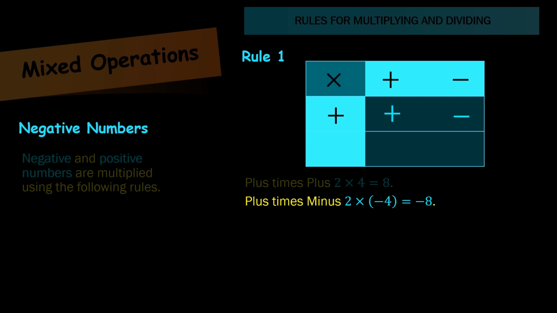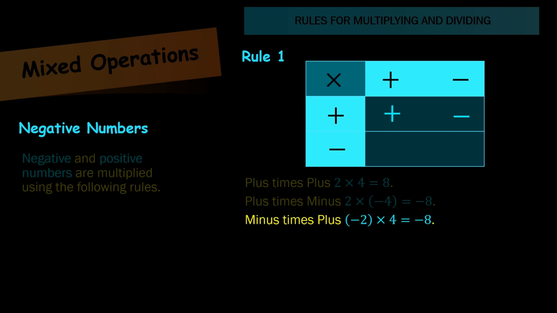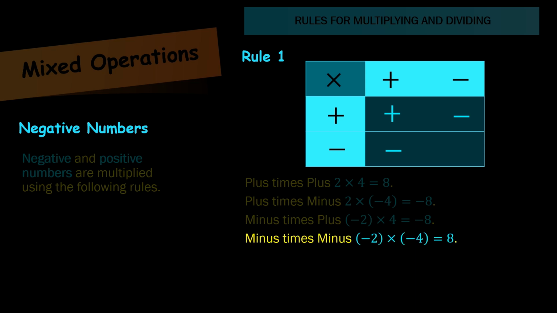So minus. Minus times plus, such as minus 2 times 4, is minus 8, which is a minus. And finally, minus times minus, for example, minus 2 times minus 4 equals plus 8, or plus.